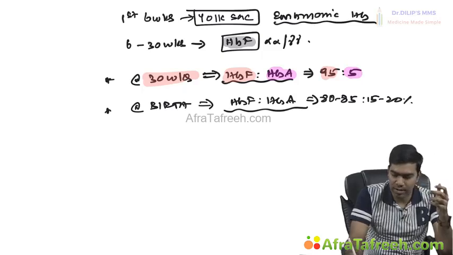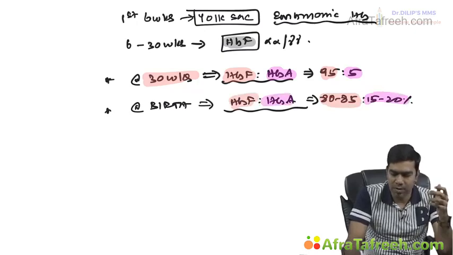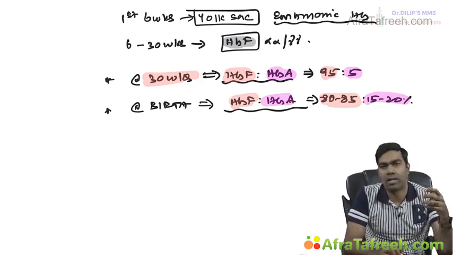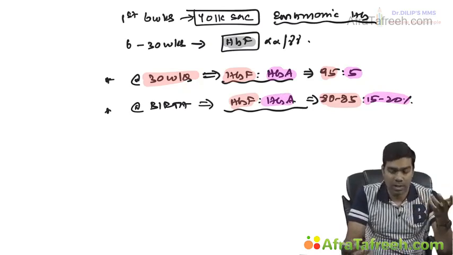So which means 80 to 85% is going to be the fetal hemoglobin and only 15 to 20% will be the adult hemoglobin, that is HbA.